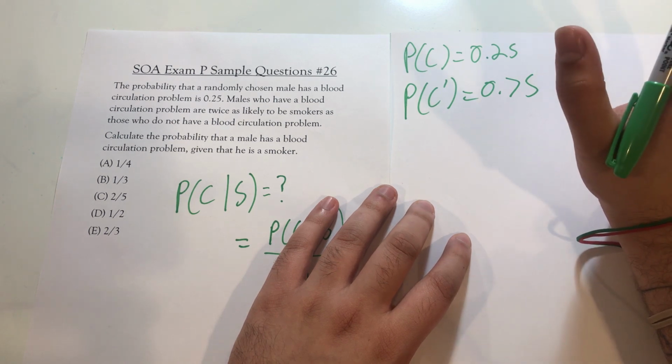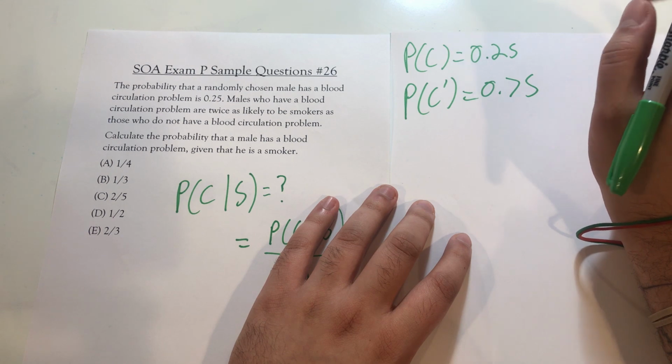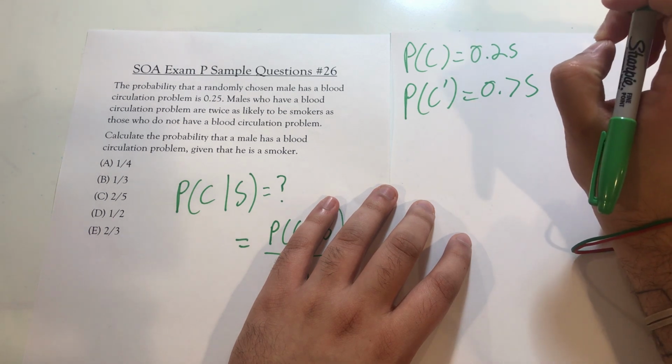Males who have a blood circulation problem are twice as likely to be smokers as those who do not have a blood circulation problem.